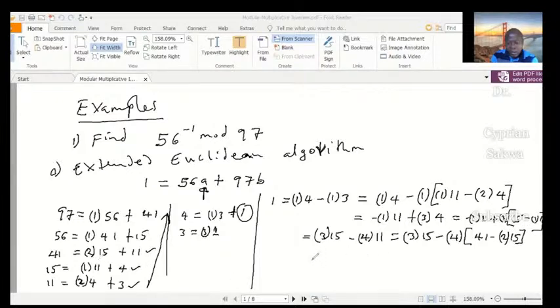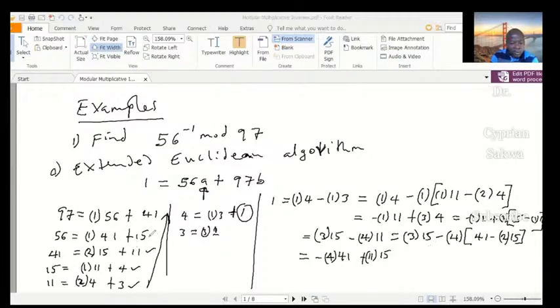Now let's open this bracket. Begin with negative 4 multiplied by 41. And then this negative 4 multiplied by negative 2 will be positive 8. Positive 8 plus this 3 will be 11 multiplied by 15.